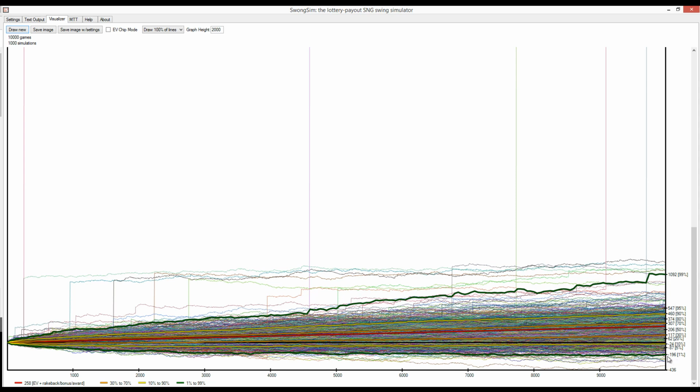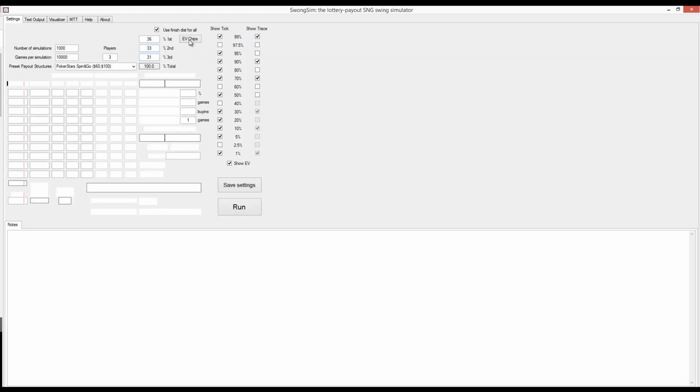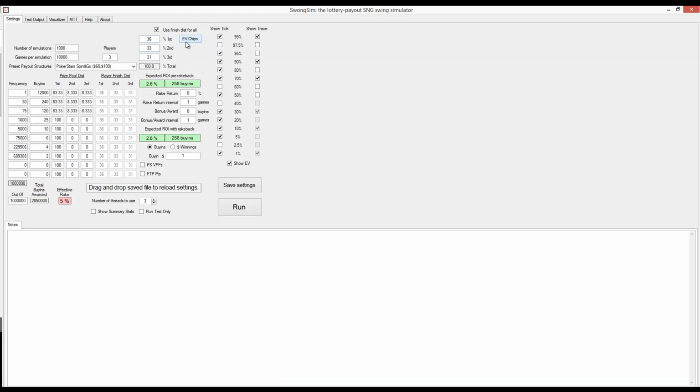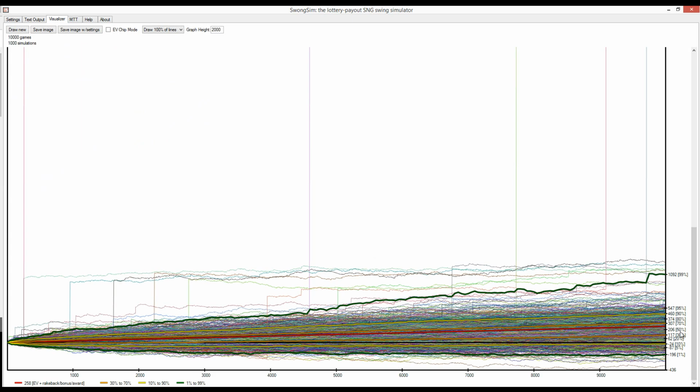You can see that 1% of players lost almost 200 buy-ins over this 10,000 game sample. And this was just for reference, this was using a 36% win rate, which is about 2.6 ROI. So nothing huge, but also nothing super small. But then, of course, on the other hand, you have the 5% of players who won more than 547 buy-ins.